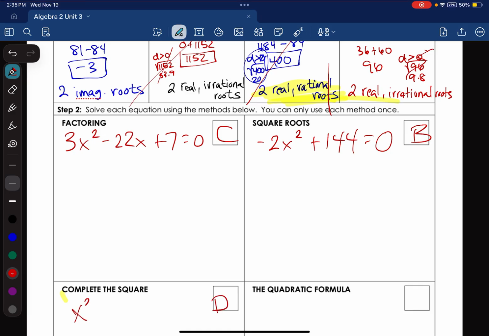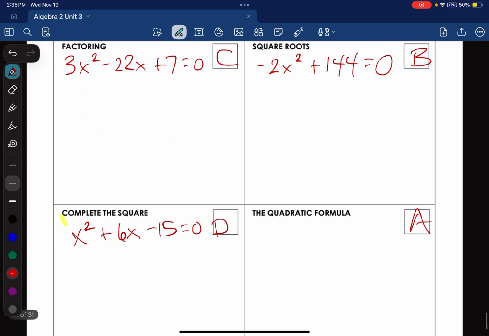That's x squared plus 6x minus 15 equals 0. Finally, by process of elimination, the only one that's left is equation A. So equation A is x squared minus 9x plus 21 equals 0.